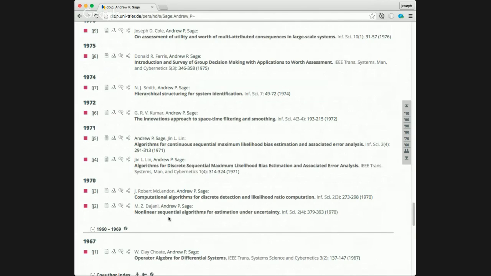And we have nonlinear sequential algorithms for estimation of uncertainty, combinatorial algorithms for discrete detection and likelihood ratios, and algorithms for discrete sequential maximum likelihood. Now, these are all types of electrical engineering and mathematical algorithms that we're publishing here now in the 67, 71, 72, 73.